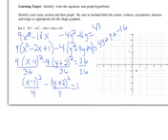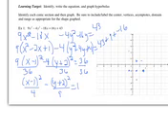So I'm going to go 2 to the right and plot a point. And then I'm going to go 2 to the left and plot a point. And then I'm going to go up 3. And I'm going to go down 3.